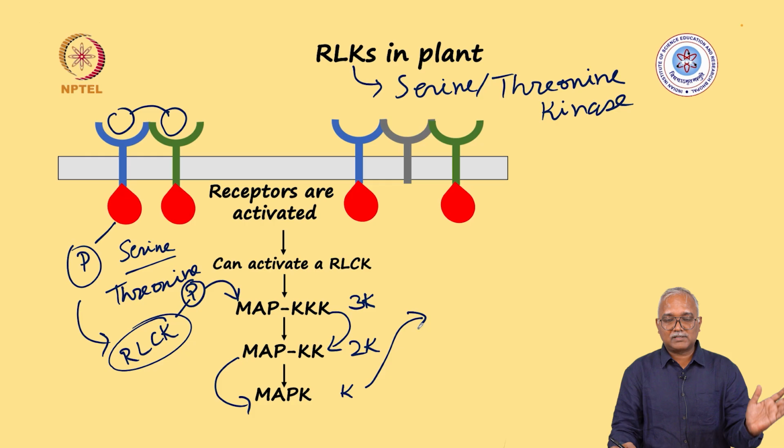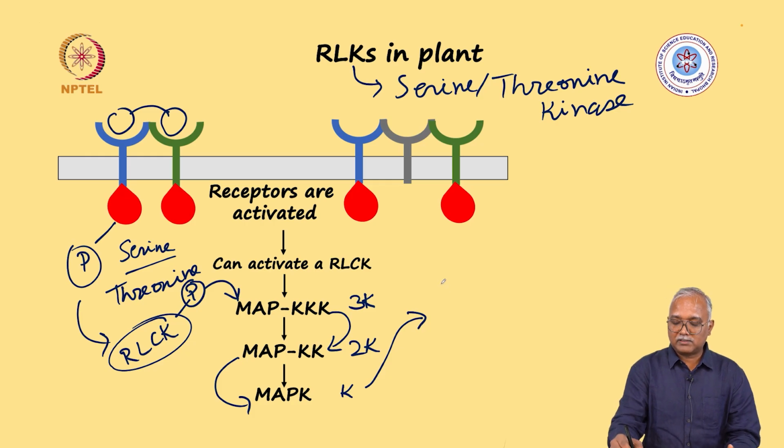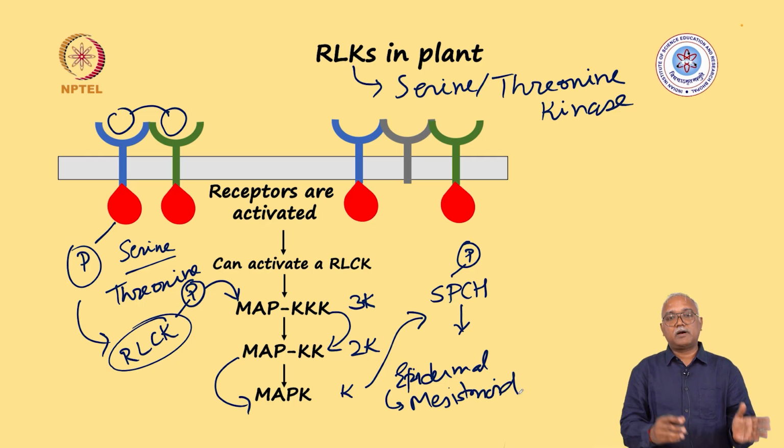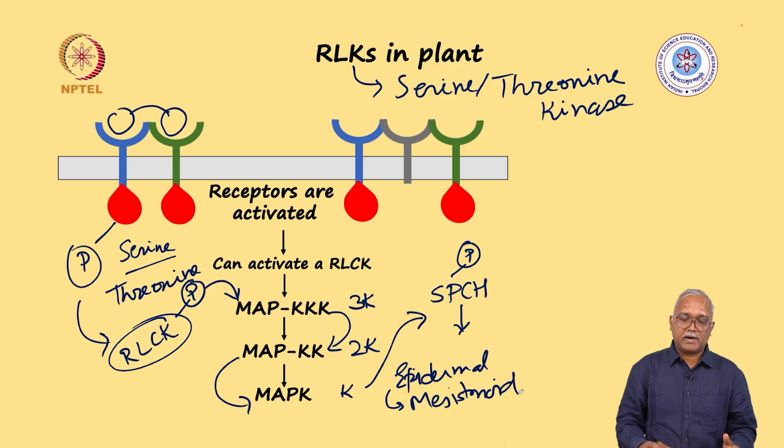In the previous class, we discussed the transcription factor SPEECHLESS, which was phosphorylated by the MAPK, and this was important for the epidermal cell transforming into the meristemoid cell. So in a nutshell, we saw different kinds of signaling in the plant kingdom.